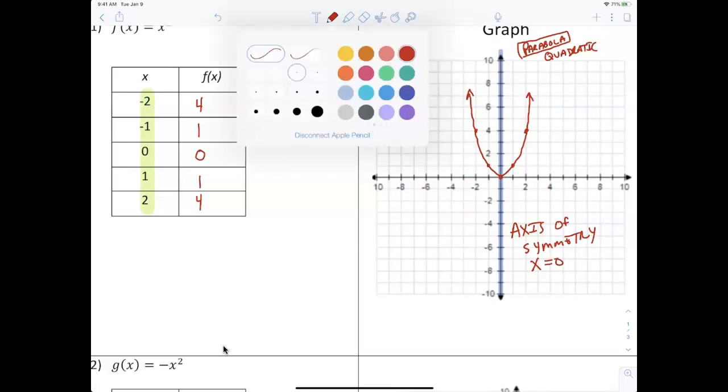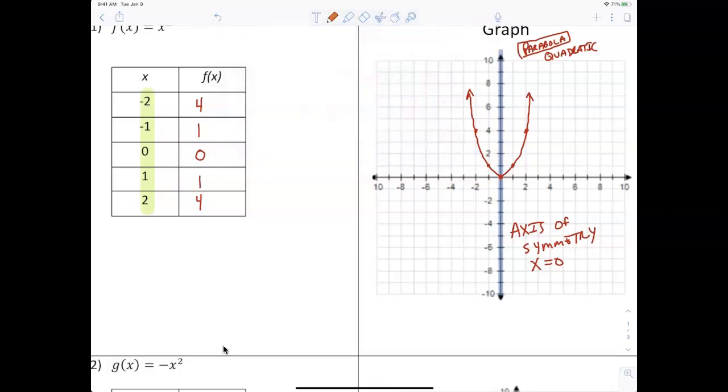It's called the axis of symmetry because the distance from the axis of symmetry to a point on the graph is the same on the left side and the right side. Notice here, 2 units. Over here, 2 units also. So it doesn't matter, it'll always be the same distance. And we could check another point from here to here, and that's going to be the same as from here to here. So that is called the axis of symmetry.